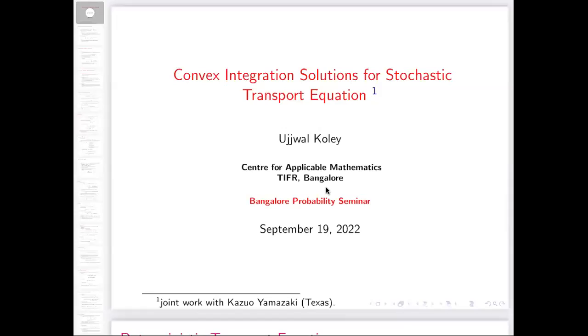So I thought I will give all the results for the transport equation, which is very easy to understand. In particular, I'll talk about non-uniqueness results for transport equations. And this method will be very specific; we'll see how to construct such non-unique solutions.